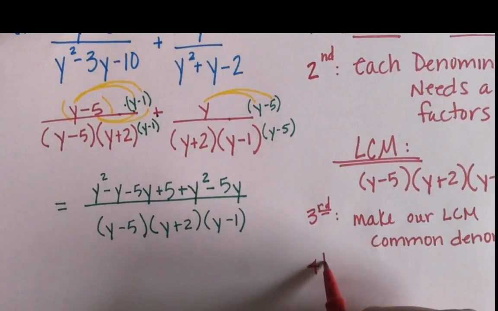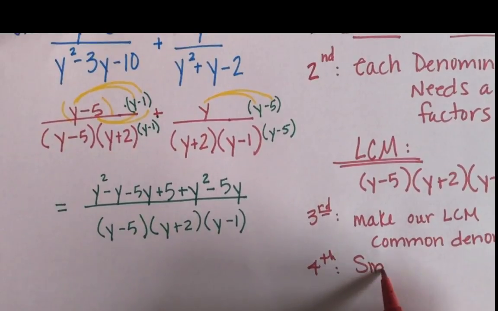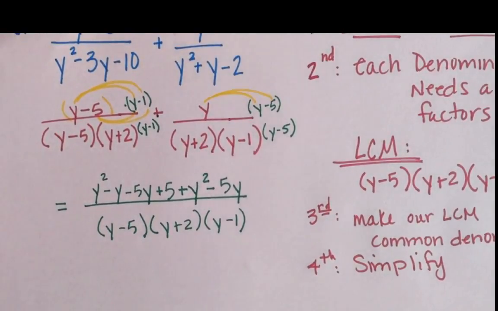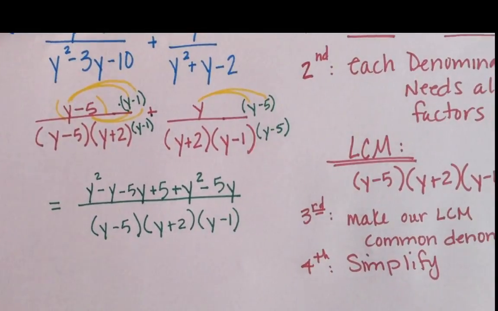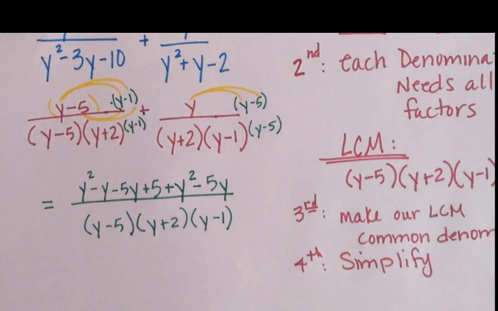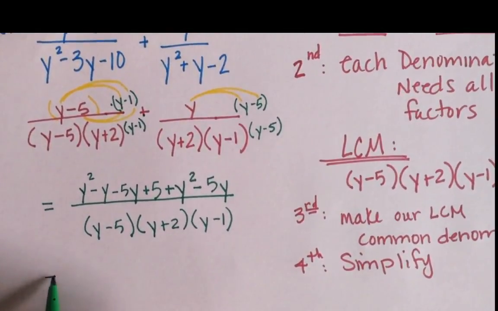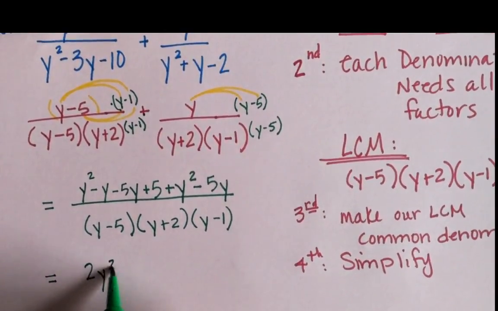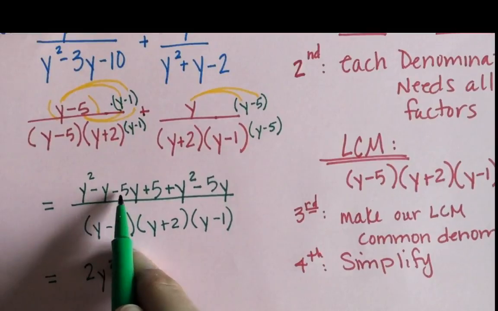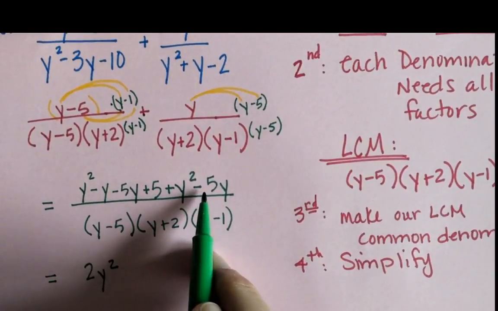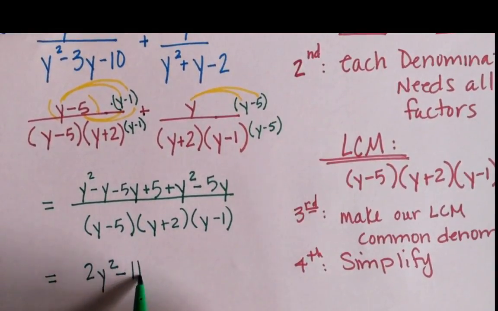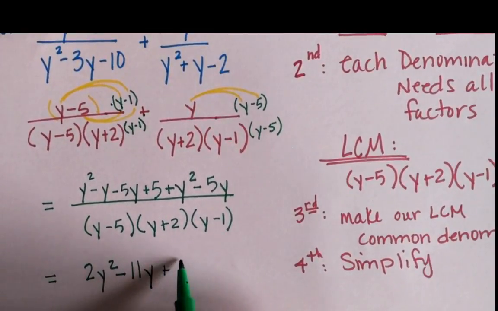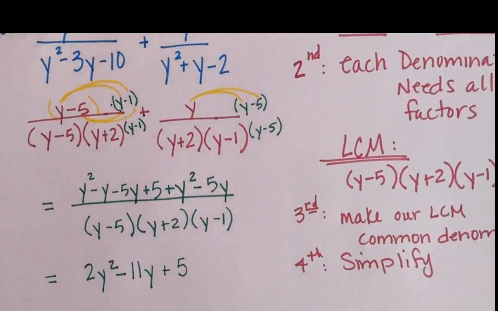And then our fourth step is to simplify further. So whether that means combine your numerator, worry about canceling top to bottom, but we definitely need to combine the top. So I see y squared and y squared is 2y squared, minus y, minus another 5y looks like minus 11y, and we have plus 5.